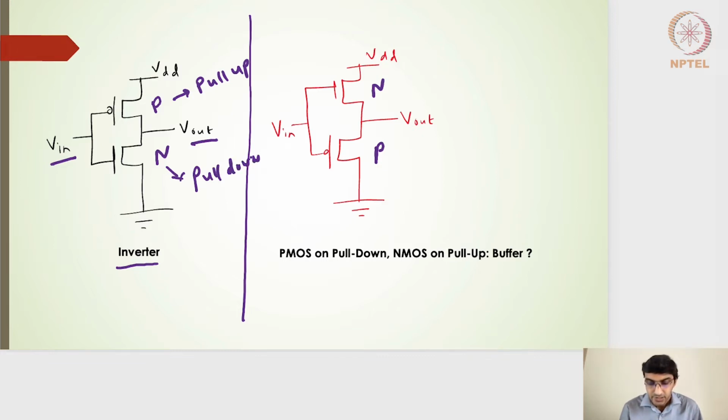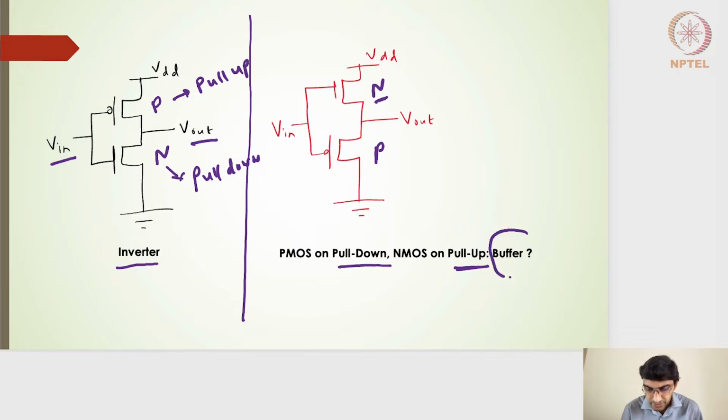In this new configuration, the positions of the NMOS and PMOS are swapped. So we have the NMOS on the pull-up side, and the PMOS on the pull-down side. I have written a question mark on the buffer.